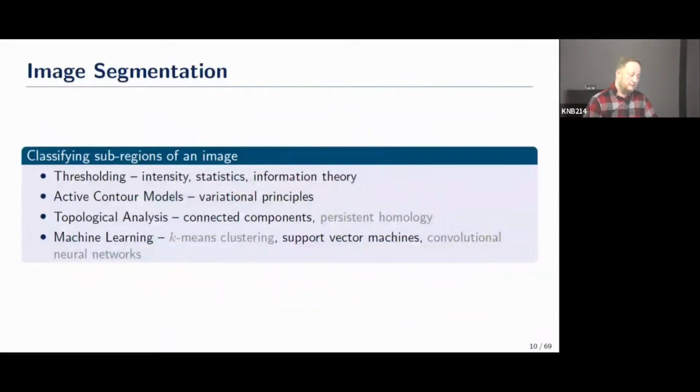And that's a discipline called image segmentation, which is a very old problem. It's been challenging. Mathematicians, physicists, engineers have thrown basically everything but the kitchen sink at it. Thresholding, active contour models, topological analysis, machine learning methods. And once you apply these, and probably a collection of these, you'll hopefully arrive at a solution.